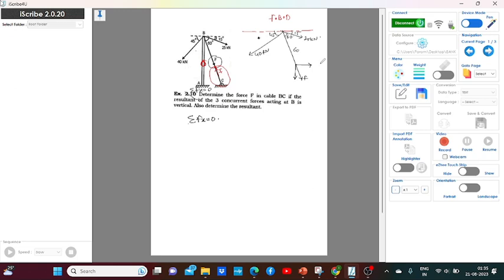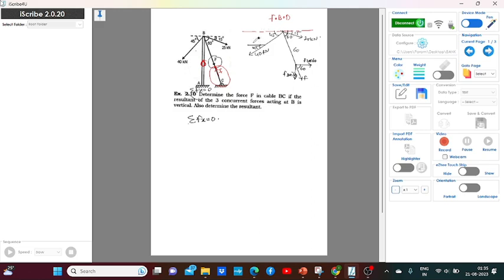Actually it is not 60 plus 15. This complete part is 60. If you see carefully, it will be 60 in the books. So this part is nothing but 60. So it becomes F cos 60, and this becomes F sin 60. Resolve the forces over here. Here the angle is 45.